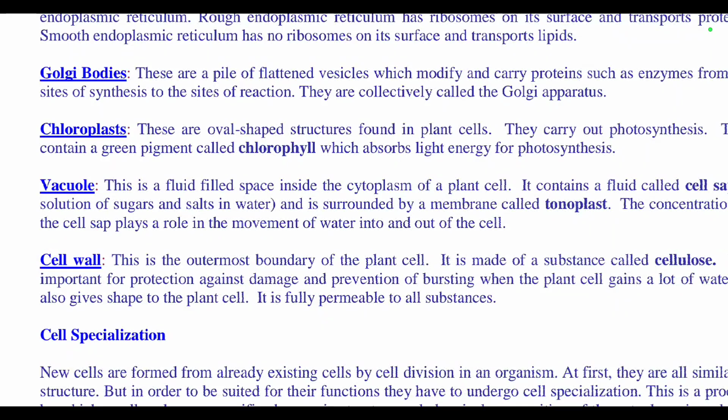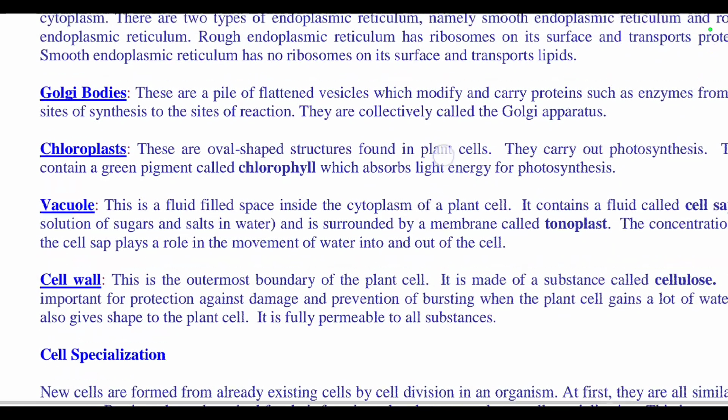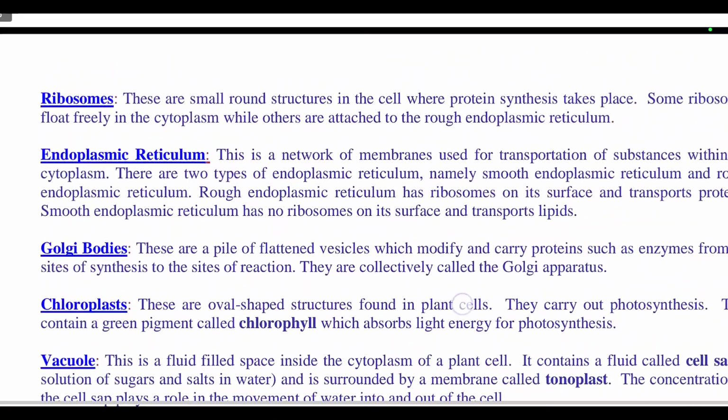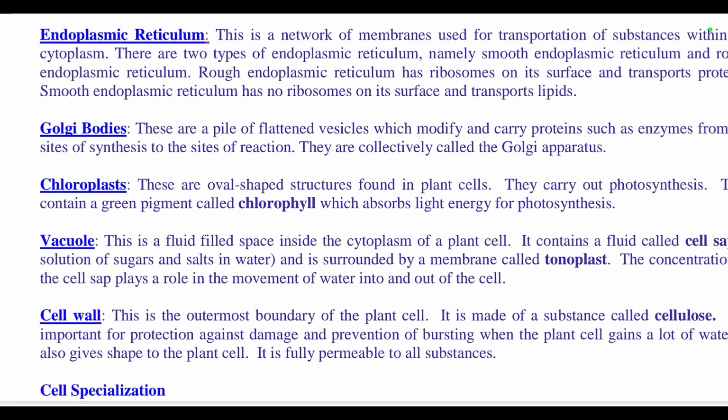Okay? So we have looked at two types of microscope. We have the light and electron microscope. A light microscope shows simple structures. Then an electron microscope shows detailed structures.